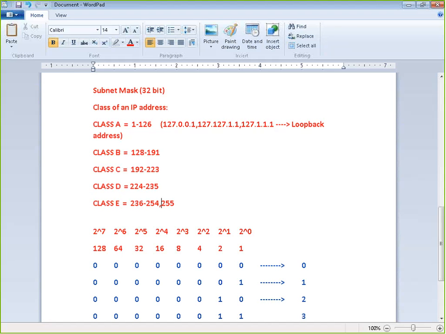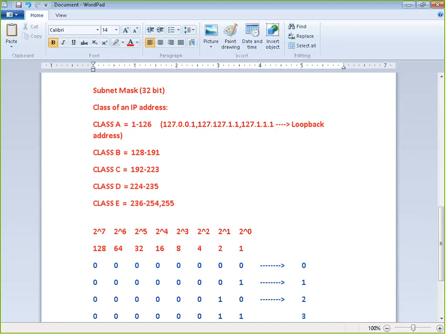That's the reason I had not included it in this particular list here. But 255 is a part of class E. Do you understand that? Clear about that?